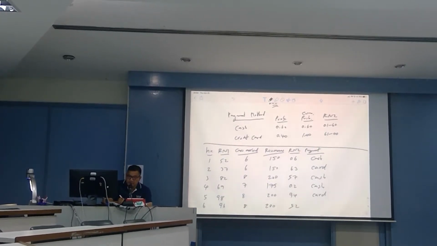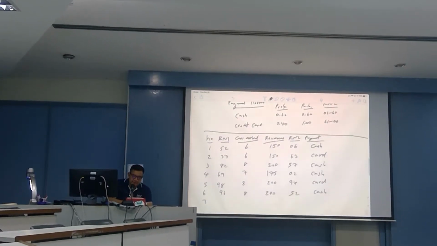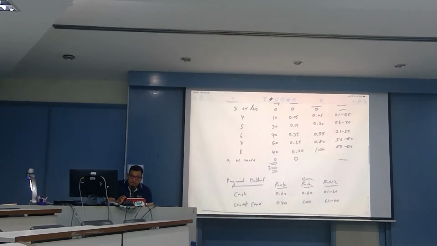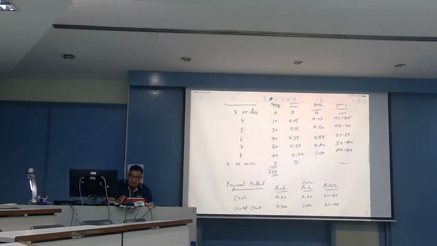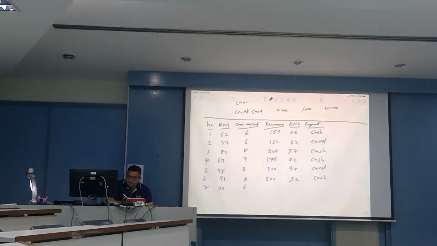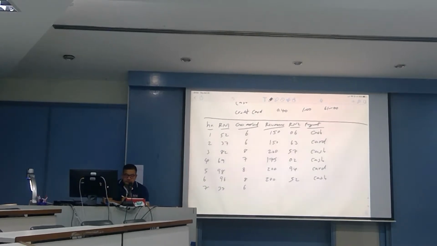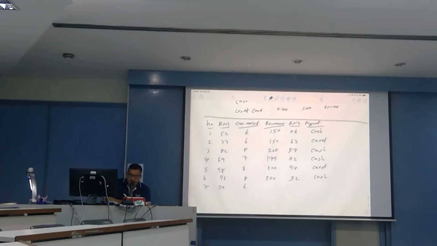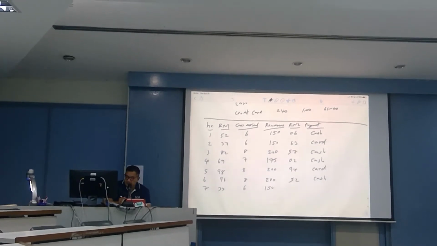And you have 52 paid by cash. And number 7, 33. 33 is in the range of 21 to 55. So we have 6. So the revenue is 150.